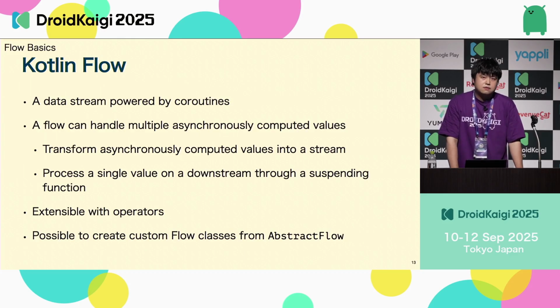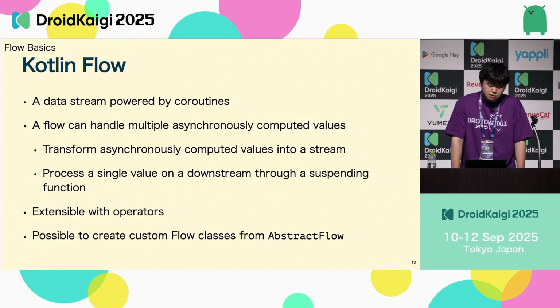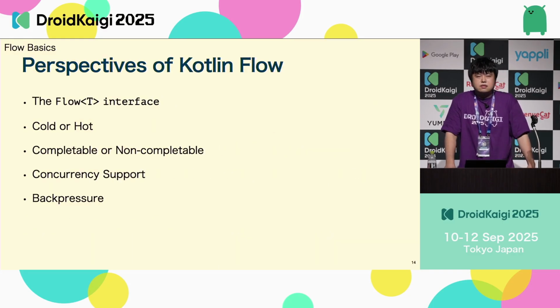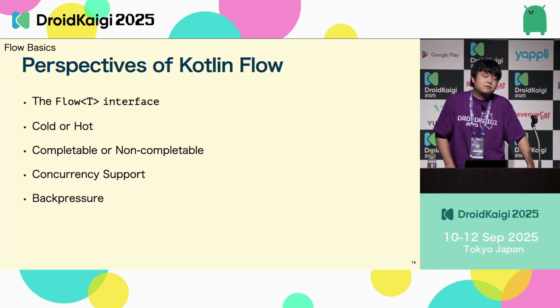And also, the flow is extensible with built-in and/or custom operators, and custom flow classes are also allowed to be created. To understand flow deeply, you need to approach it from several key perspectives.